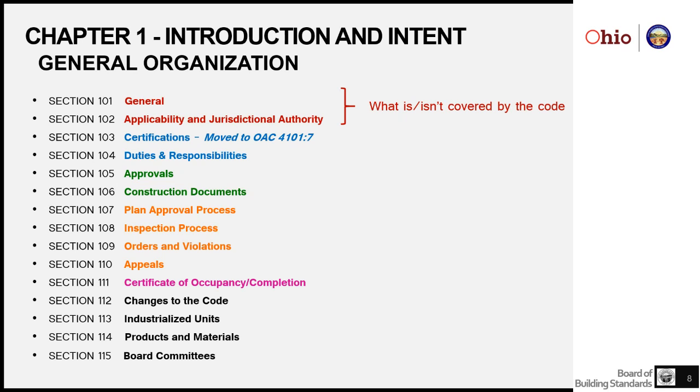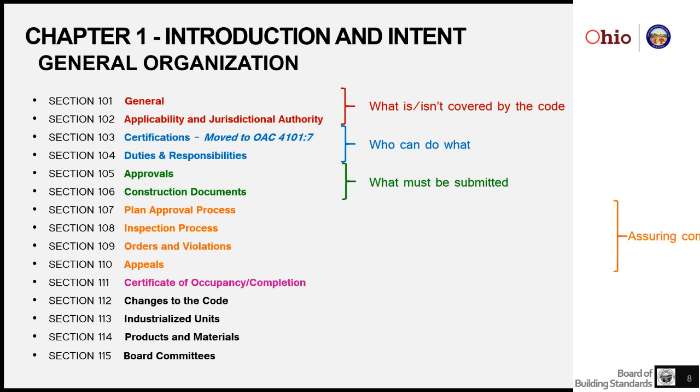The second group is who can do what. So that's dealing with certifications and duties and responsibilities within the enforcement jurisdiction. The next group is about approvals. The law requires that owners get approval for their construction and what the owner must submit in terms of construction documents to get that approval.